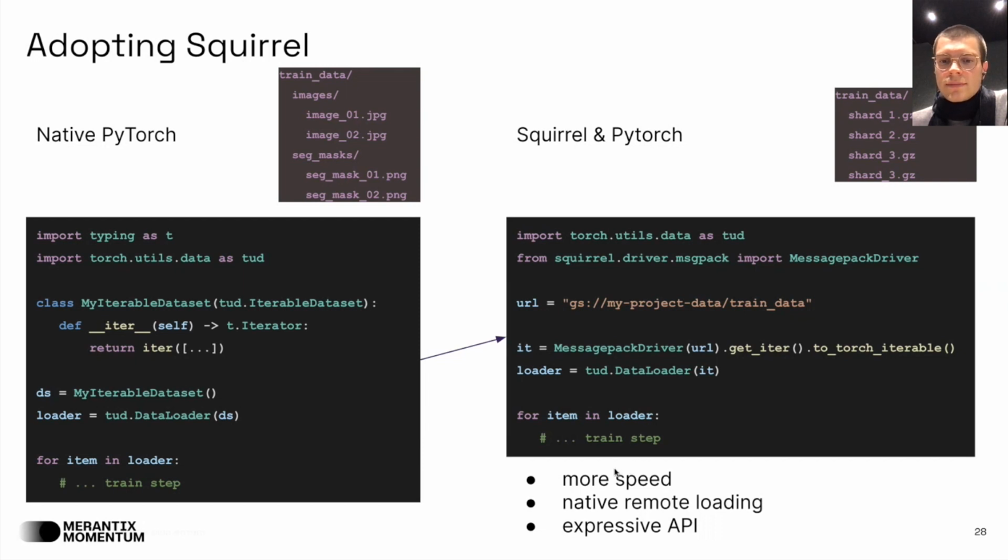That is basically already giving you more speed out of the box. It allows you to load data remotely very easily from cloud systems like AWS, Google Cloud, Azure, and so on. And then you will also be able to benefit from our expressive API.